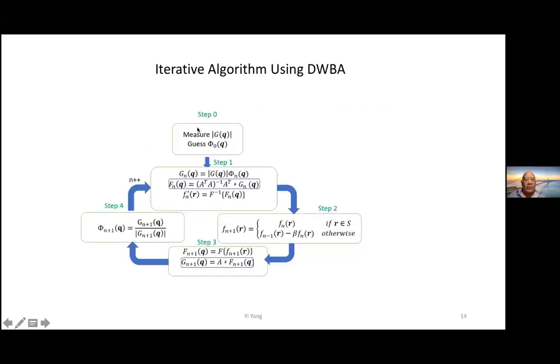Now, what we do is just generalize the algorithm that was used for the Born approximation. We measure this quantity, which is the magnitude of G of Q. That's what we actually measure, the measured intensity in the DWBA GISAXS pattern. And for each Q, you go ahead and guess the phi, okay? And then when you guess the phi, you've got essentially a linear combination of 4 different Fourier transforms of the electron density.